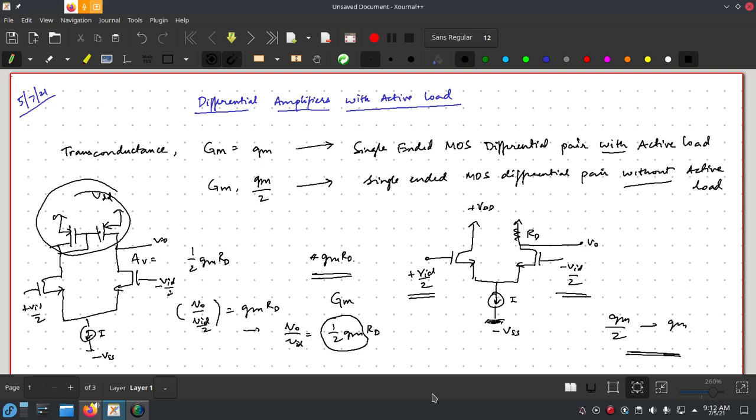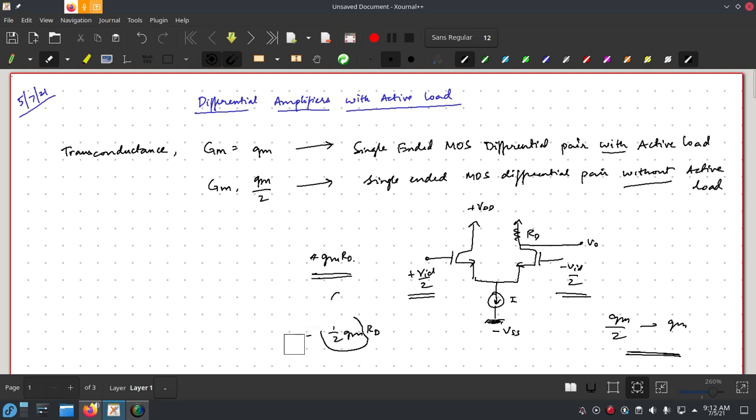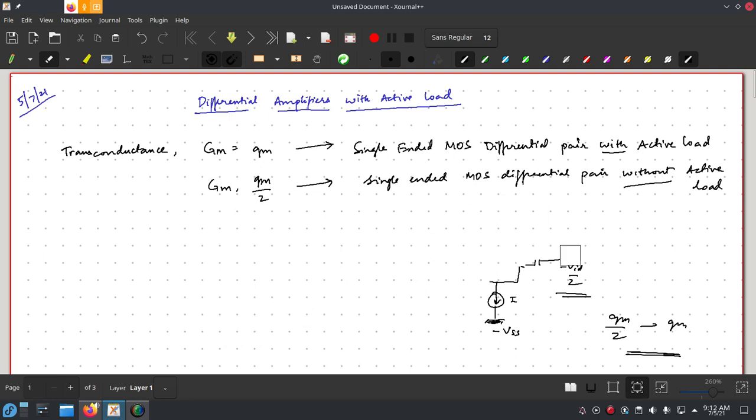That is minus 6 dB. Now that we have established that by using an active load, a current mirror, we have increased the GM value and thereby the gain of the circuit.